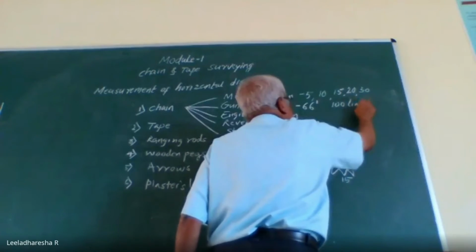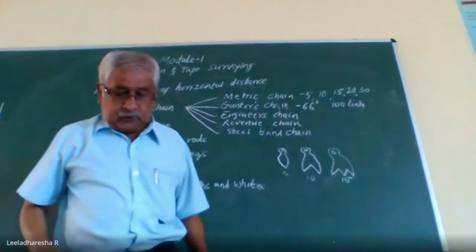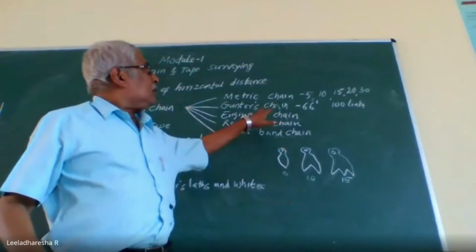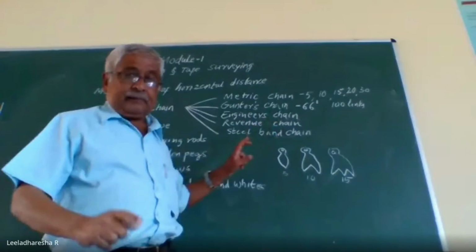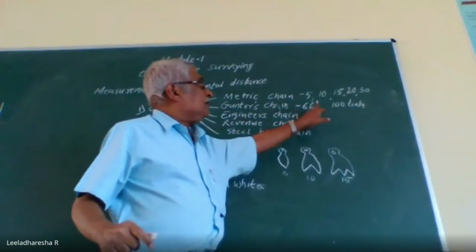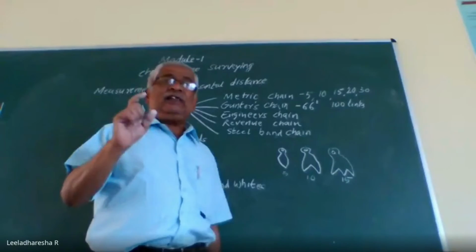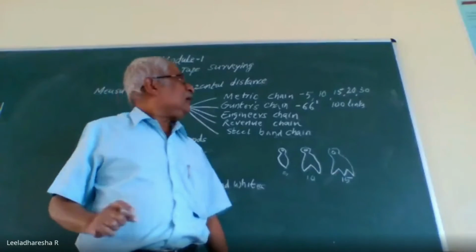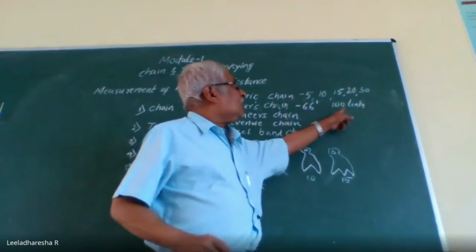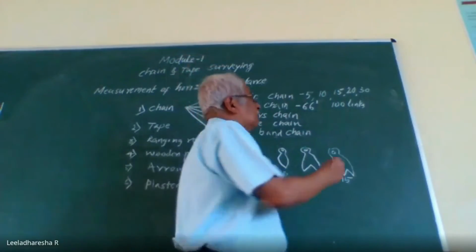How many links will be there? See, I will show you. This particular chain here, Gunter's chain, is calibrated in feet with total length of 66 feet, and it consists of 100 links.